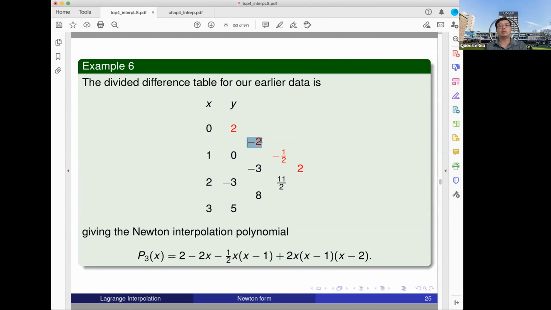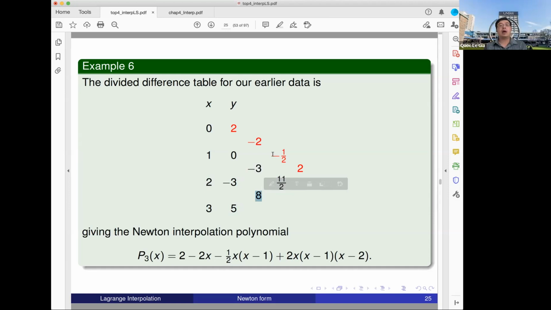Then I got minus 2 here. Similarly, if I take minus 3 minus 0 over 2 minus 1, then I got minus 3 here. And how do I get 8 here? Well, I just take 5 minus minus 3, so it becomes 8, over 3 minus 2. So that gives me 8 here.